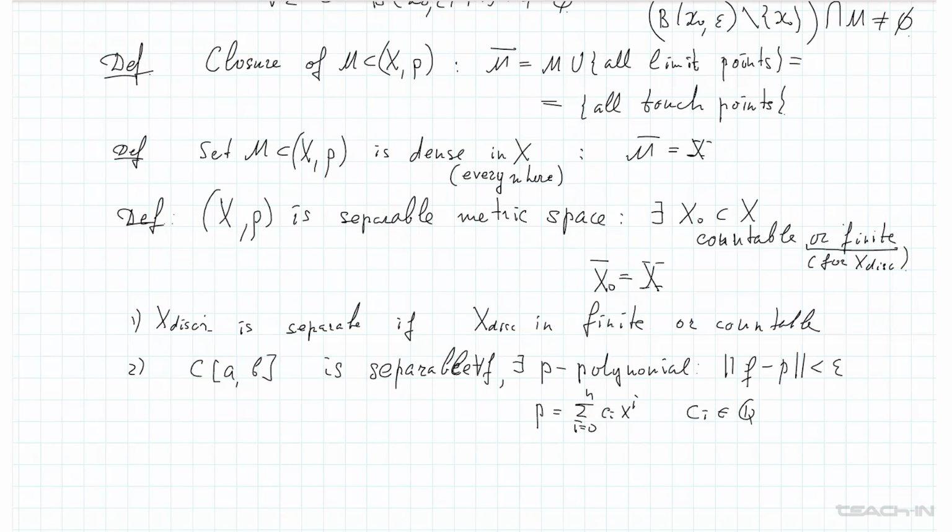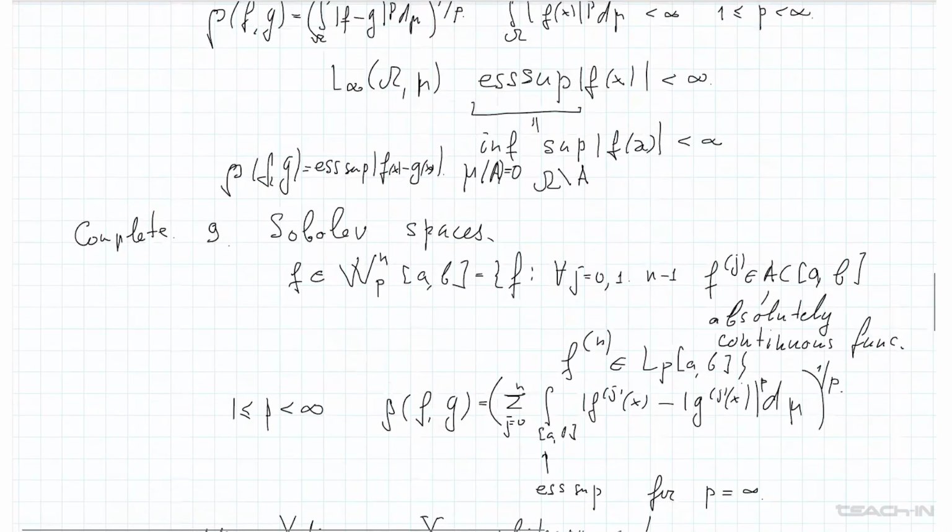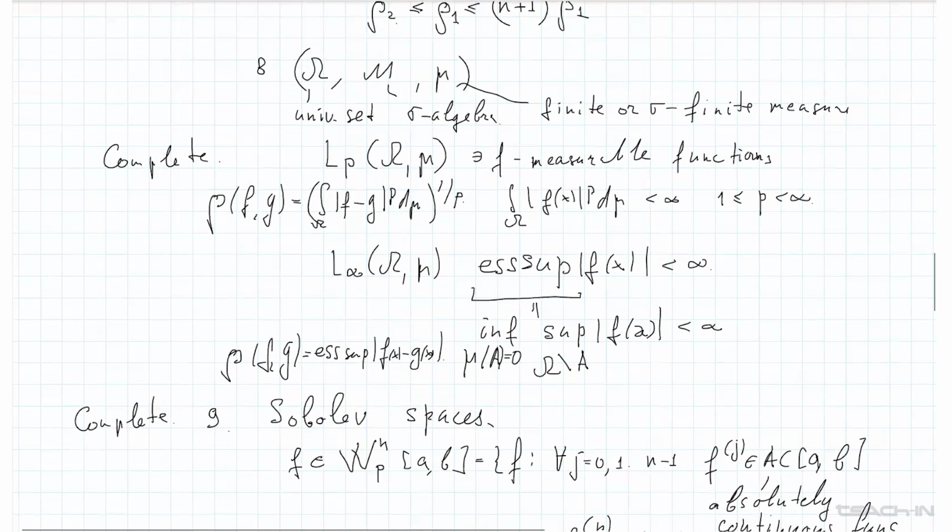If the measure is sigma additive. If the measure is sigma additive, what do I write for Lp? Maybe I write something strange. No, sigma finite. Yes, if the measure mu is sigma finite, then for finite p, the spaces are separable.